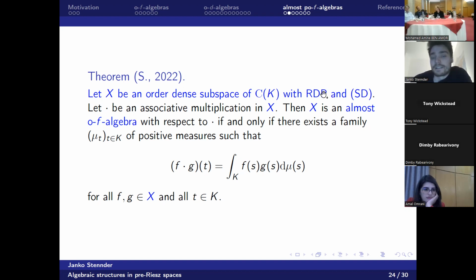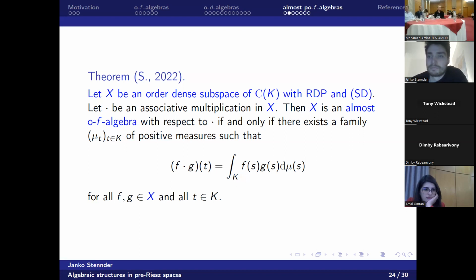And the RDP here is needed because we needed some extension result for positive bilinear maps. I mean, the multiplication is just a positive bilinear map. We wanted to extend it, use integral representation there, and then SD to get this specific representation.